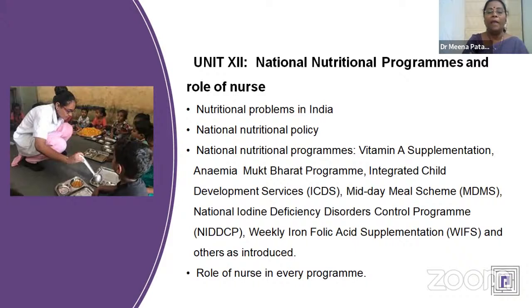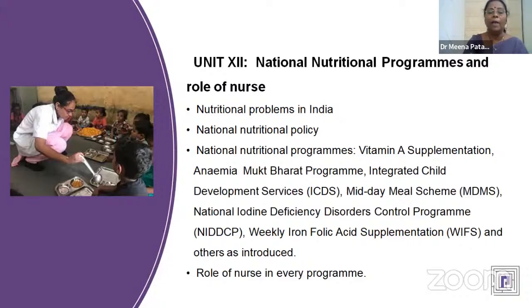Okay. Then National Iodine Deficiency Disorders Control Program. This is again a very important program because there is a widespread deficiency of iodine in our country, which if it is existing in a pregnant mother, it will be transmitted to the fetus, and the fetus which will be born will have lower mental capacity because iodine is very much needed for the brain development during the fetal stages.